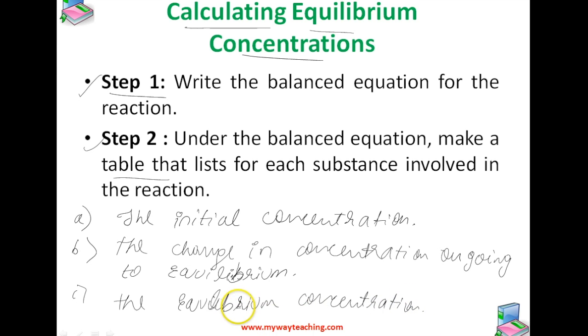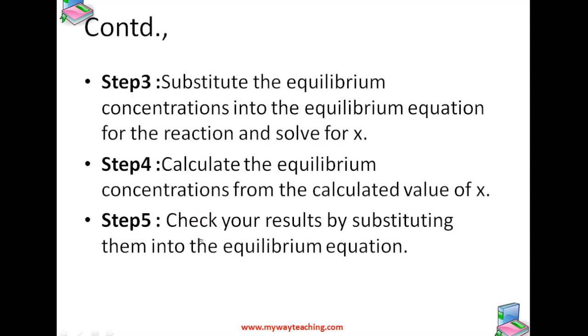In constructing the table, define x as the concentration of one of the substances that reacts on going to equilibrium. Then use the stoichiometry of the reaction to determine the concentrations of the other substances in terms of x. This is step 2. Next, step 3: substitute the equilibrium concentrations into the equilibrium equation for the reaction and solve for x.